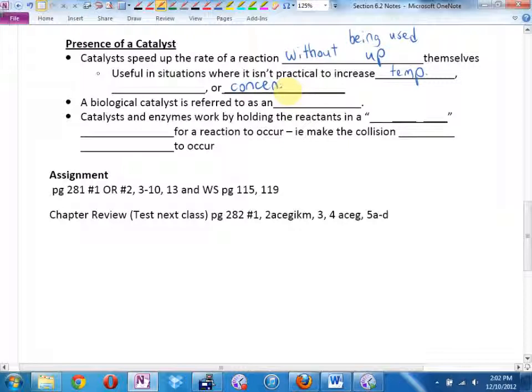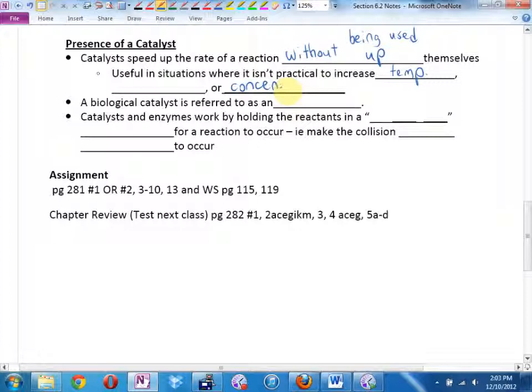All of you have lots of catalysts in you because your body is running millions and millions of chemical reactions, but really we have a limited temperature range in which we can run them. In fact, you're very sensitive and susceptible to hypothermia, get too cold, the chemical reactions can't work anymore, you'll die. And fever, get too hot, chemical reactions don't work anymore, you'll die.